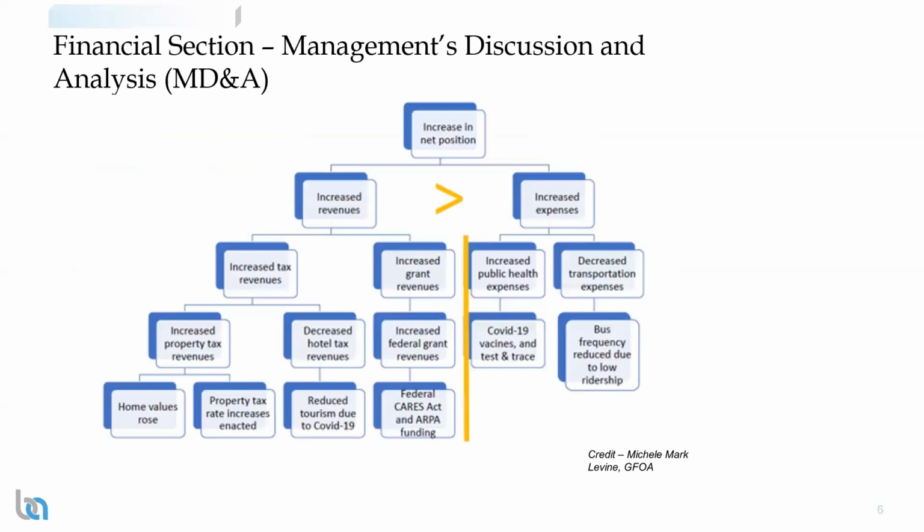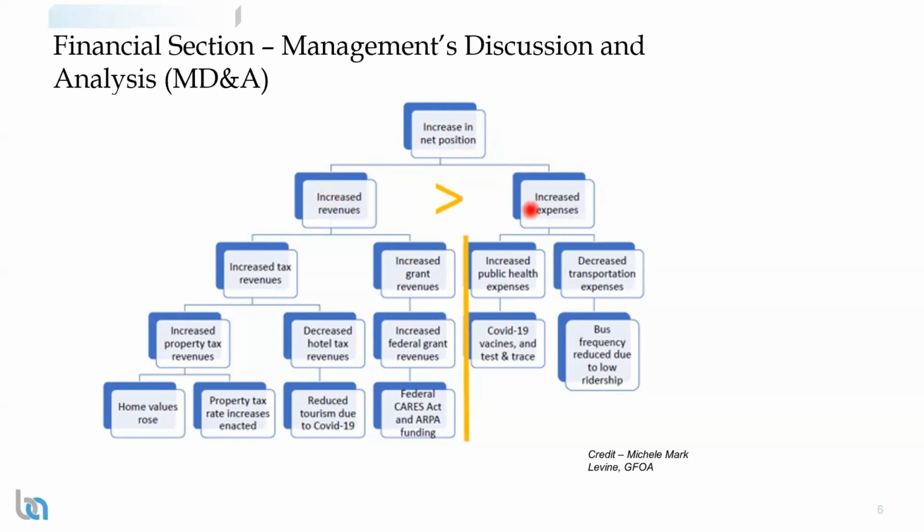This is a nice chart I borrowed from Michel Marc Levin from the GFOA. Essentially, it's saying we need to discuss the increase in net position. So you can look at what happened to revenues, what happened in expenses.